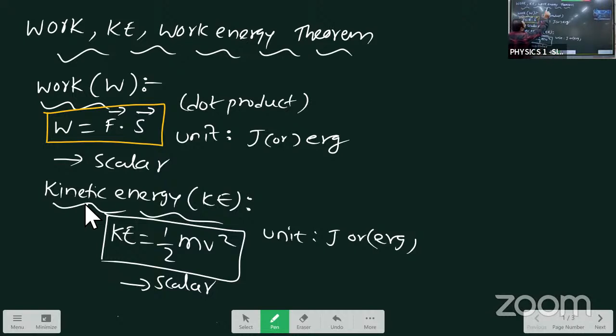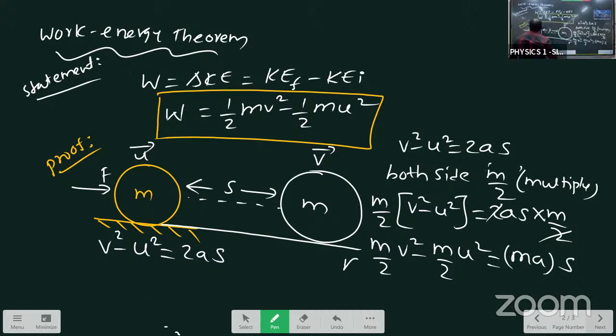Next, the statement of the work energy theorem. Statement: the work done by a force always equals the change in kinetic energy. Change, anywhere, means final value minus initial value.